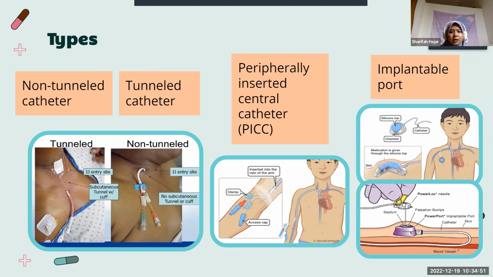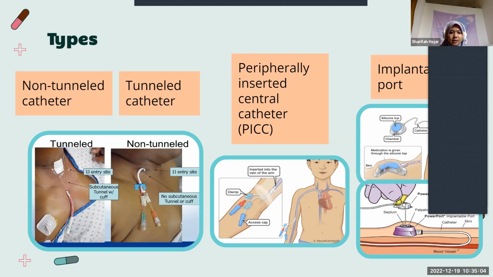The duration can be between 10 days to 2 months, and it can be placed for weeks or months. It is usually used in patients who need extended medication. It can also be used in chemotherapy.